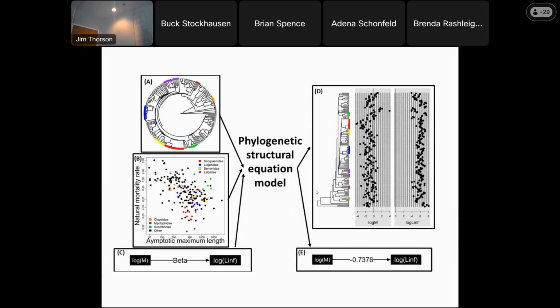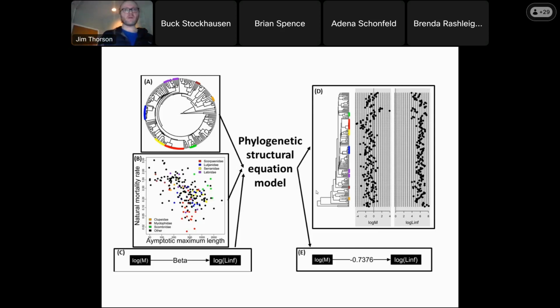Then you've got natural mortality rate and asymptotic length from the FishLife database. This is like the gold standard mortality database that we use in stock assessment. You could specify a relationship a priori, you put it through this model, and it outputs stuff that you can automatically plot with other packages that I don't have to maintain, showing the imputed traits and an estimated relationship.